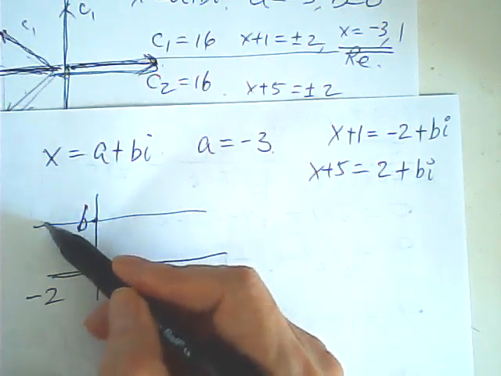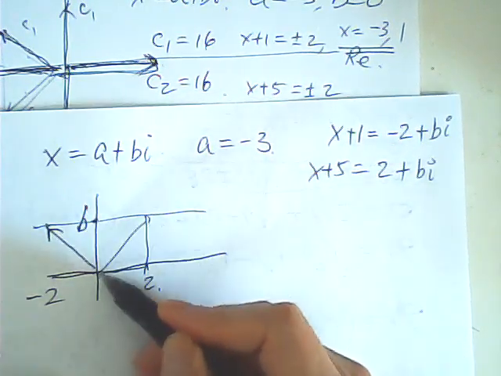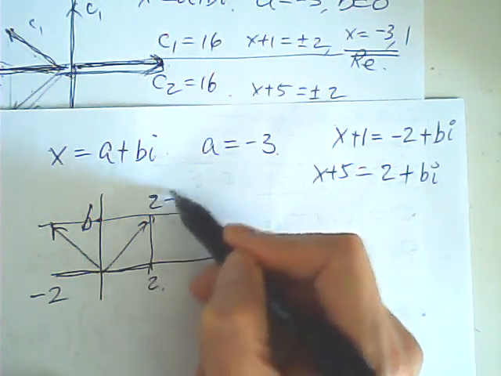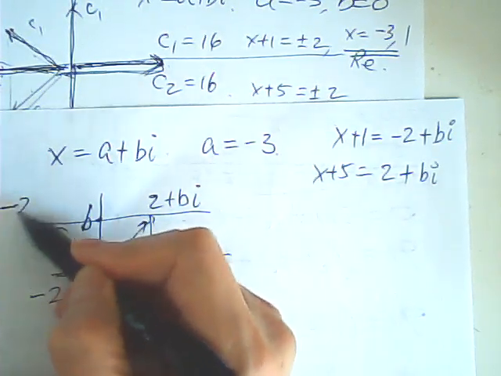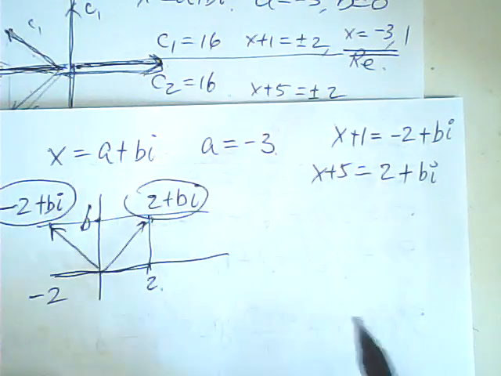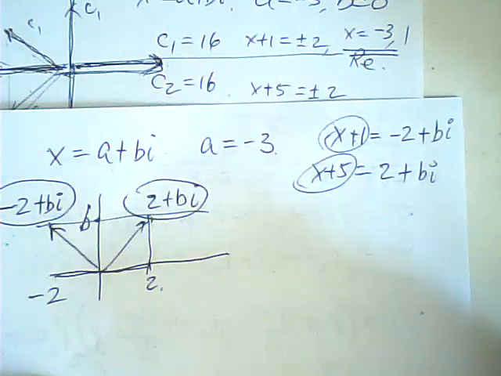Okay. So this is the situation. This one is 2 plus bi. This one is minus 2 plus bi. Okay. So these are two complex numbers.